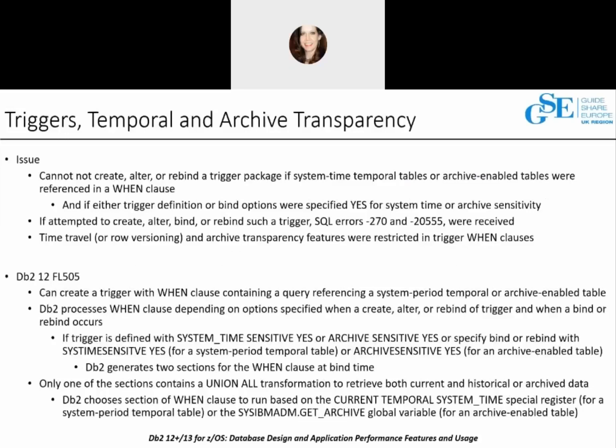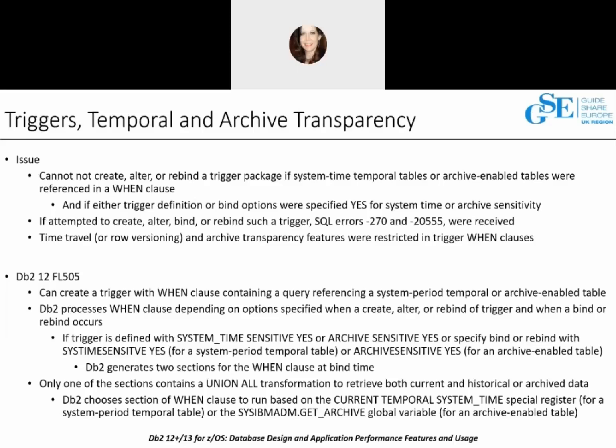Another feature in function level 505 was kind of a minor one, but temporal tables and archive-enabled tables were not able to be referenced in a when clause of a trigger. They were not available for our triggers, and that limited their use in some situations. Now in 505, we can have a trigger that has a when clause that references a system temporal or archive-enabled table.